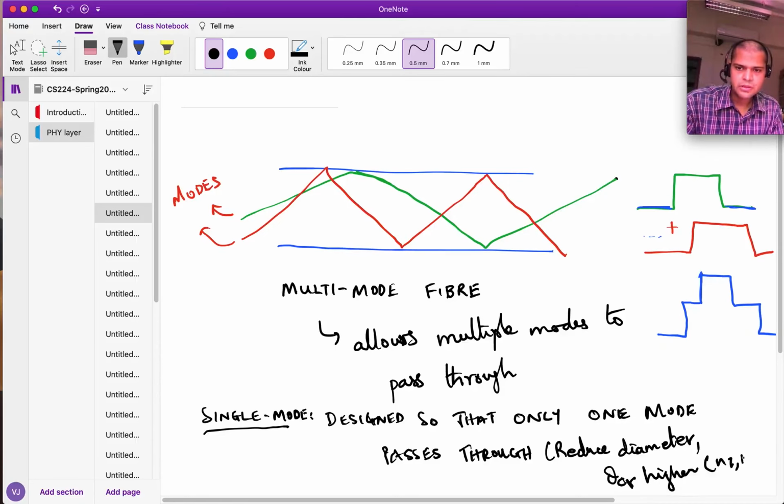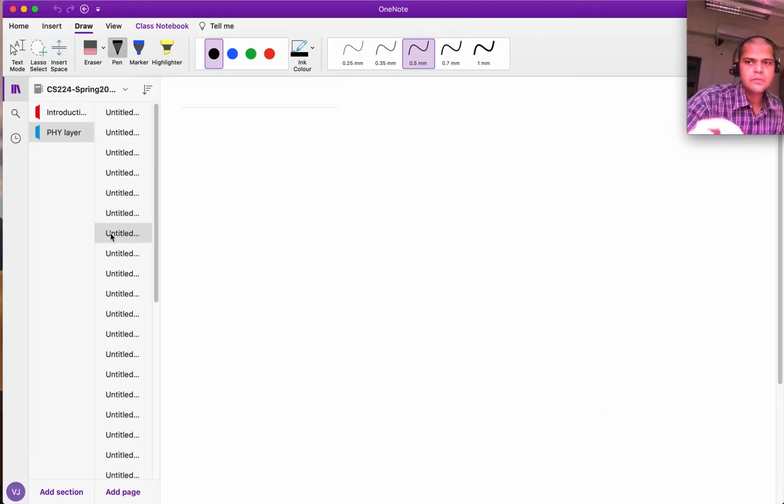So this depends on N1 and N2. Right, so if you want less distortion from different modes affecting each other, you would want to go for a single mode fiber rather than a multi-mode fiber. Okay. So single mode fibers will obviously be more expensive.